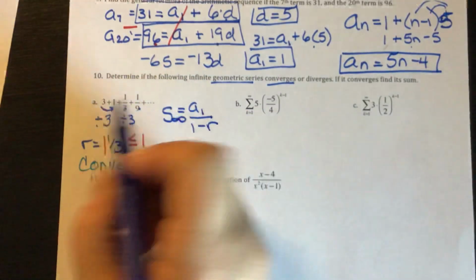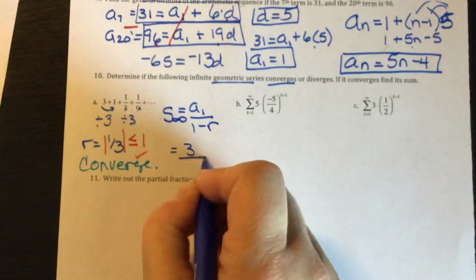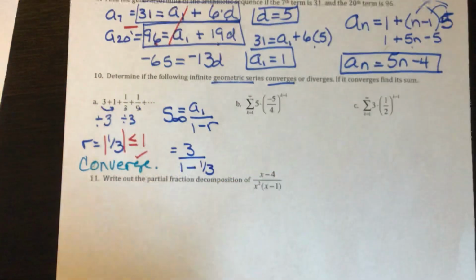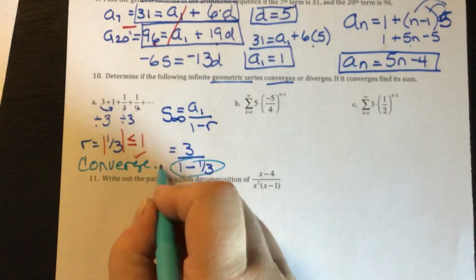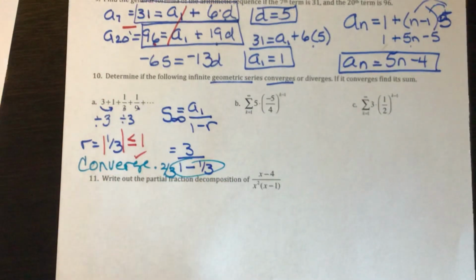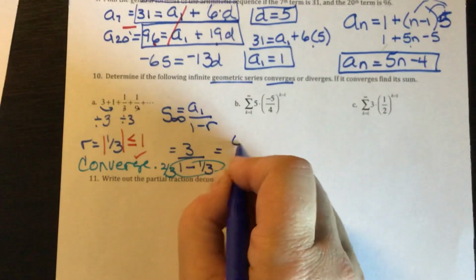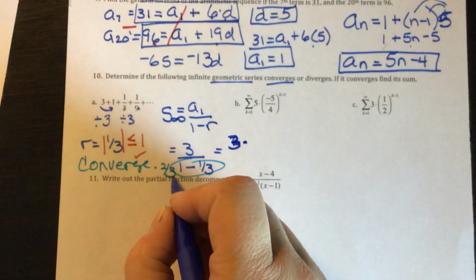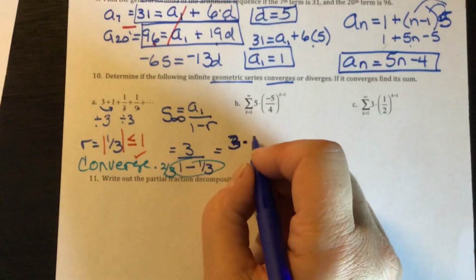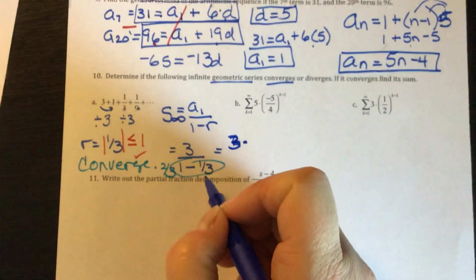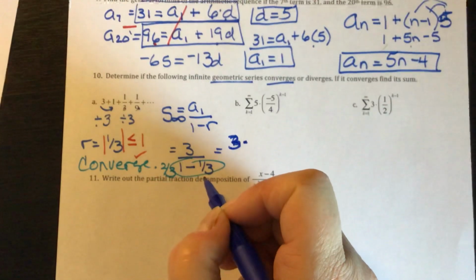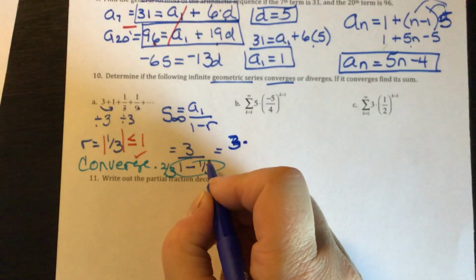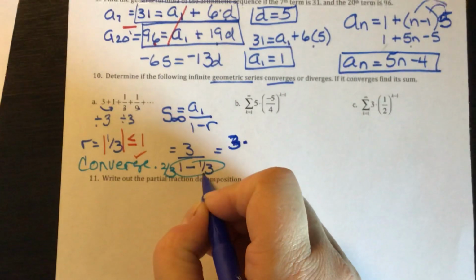So the first term is 3, and then I have 1 minus r, where r is 1/3. 1 minus 1/3 is 2/3.